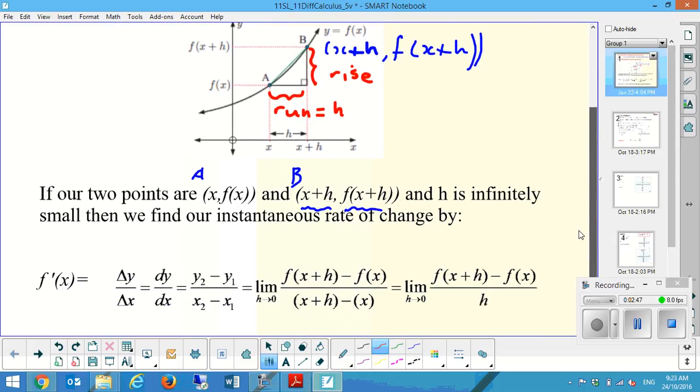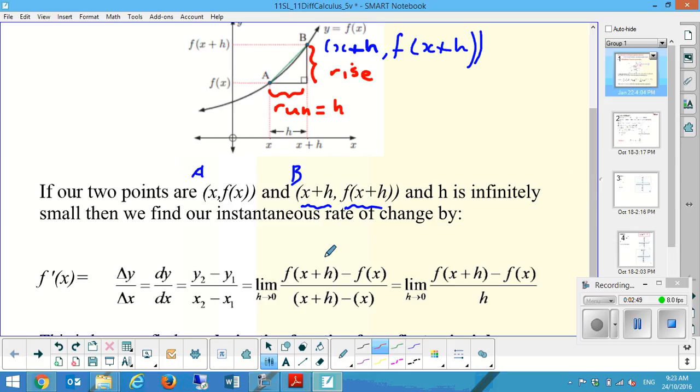So when we find the gradient, we want to find the change in y over the change in x. That's our gradient. And that's how we get our derivative function, by taking the limit of this gradient. Our gradient is y2 minus y1 over x2 minus x1.